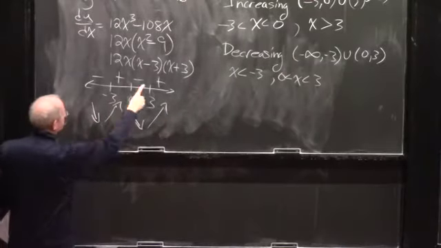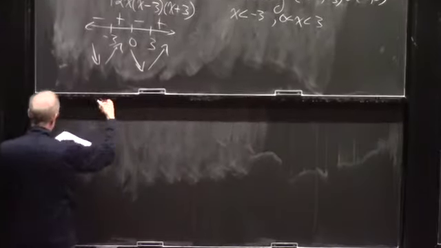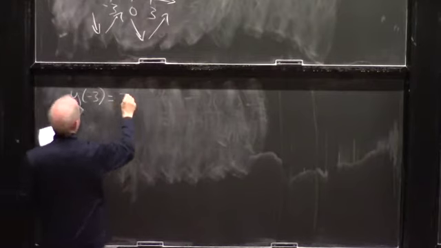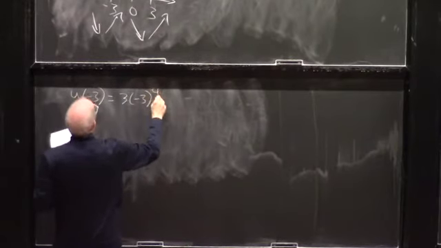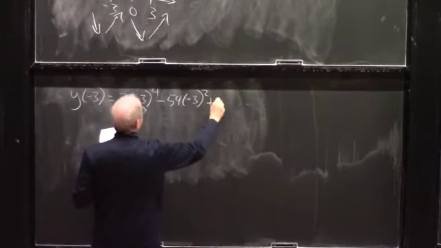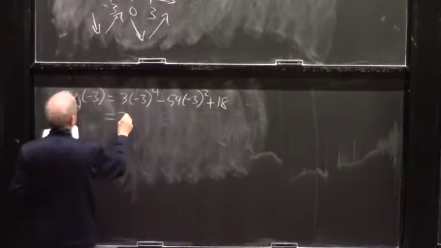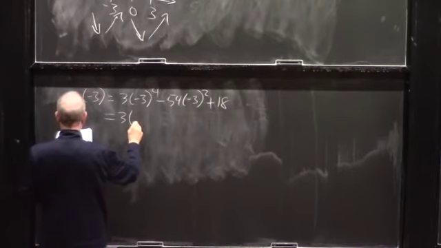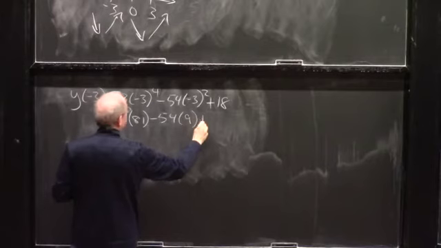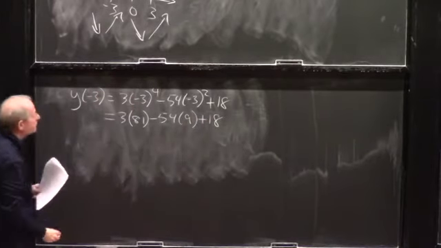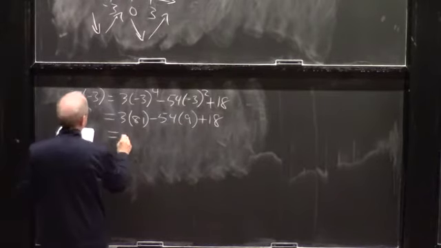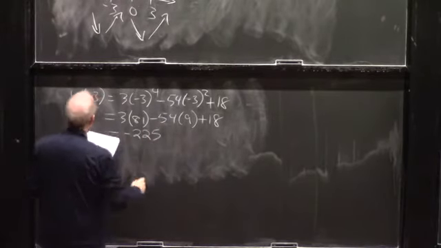So the minimum is at -3 and +3. So y at -3 is 3 times -3 to the 4th minus 54 times -3 squared plus 18. That is 3 times 81 minus 54 times 9 plus 18, which I recognize was a bit of a chore, but if you stuck at it, you get -225.